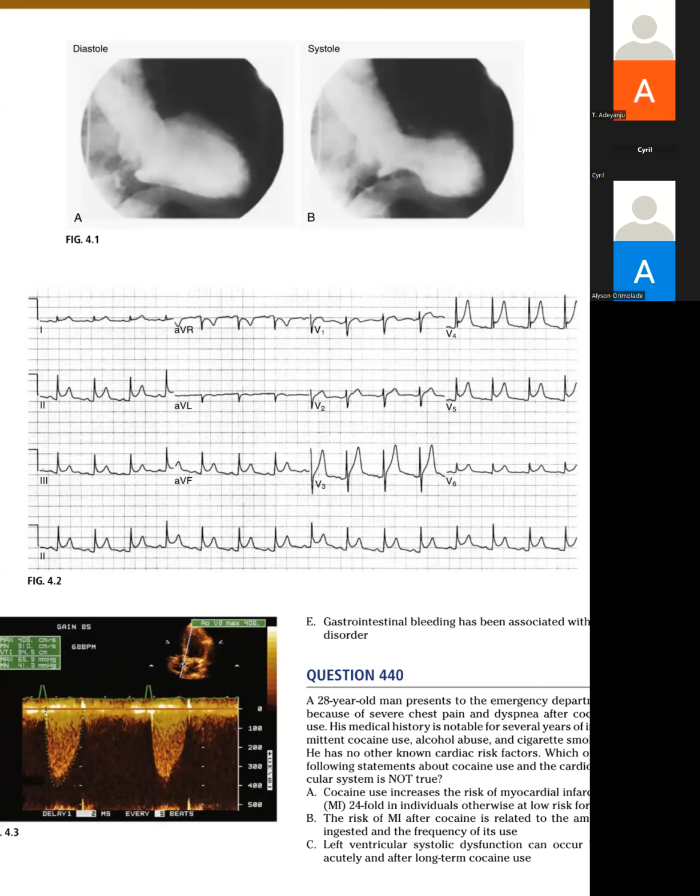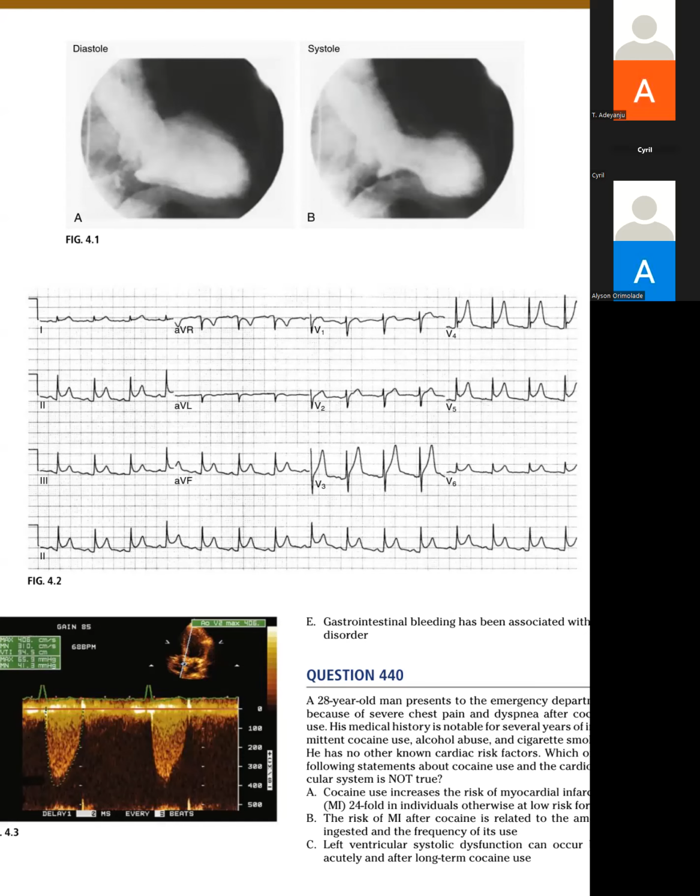Then lead 1 still has it, lead 2, lead 3. Then aVR has an inverted T wave. aVF, the same thing, aVF is elevated. And then lead 2 shows elevated ST segment and T wave.